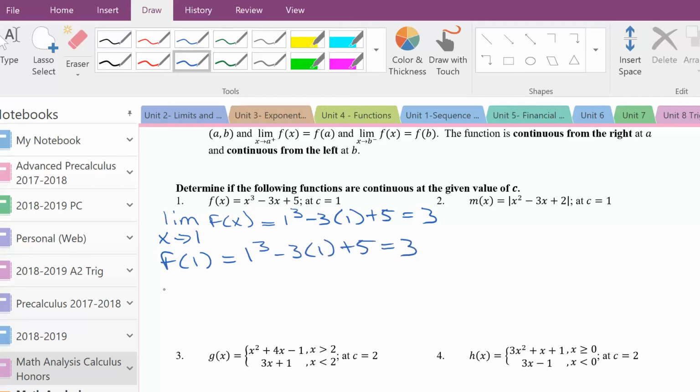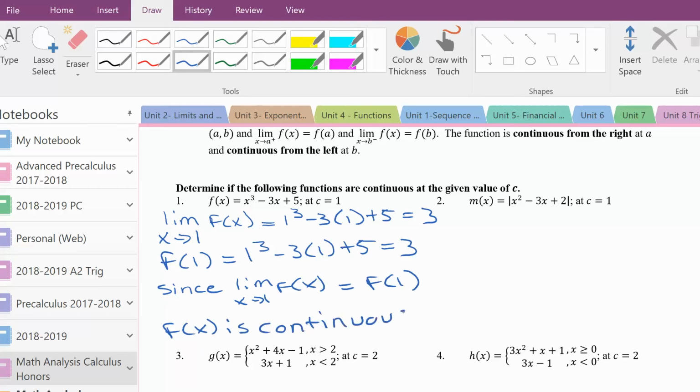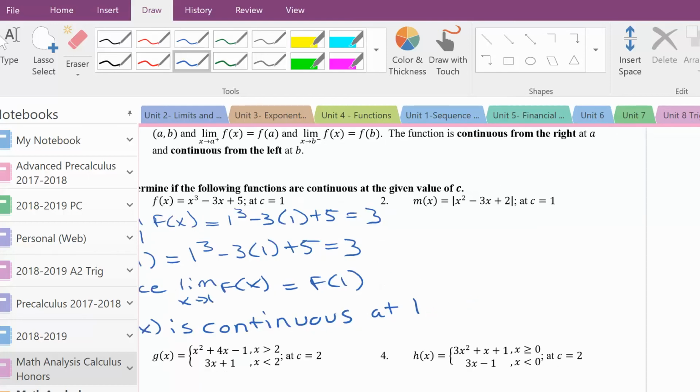So therefore, since the limit as x approaches 1 of the function is equal to f of 1, the function is continuous at 1. So if we try the next one.